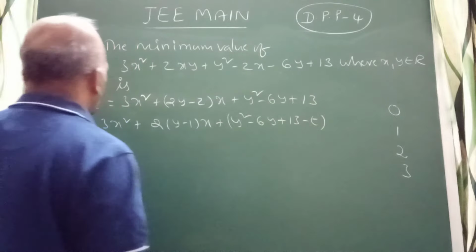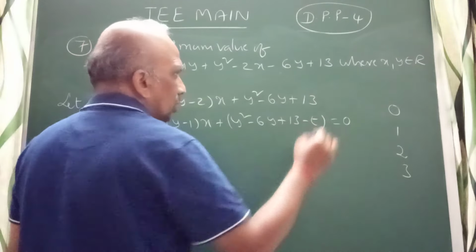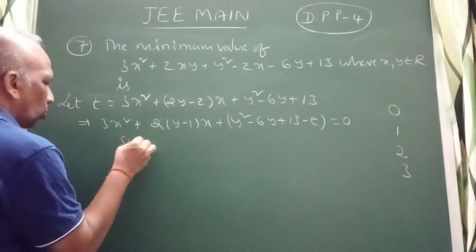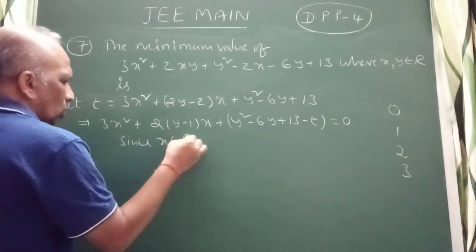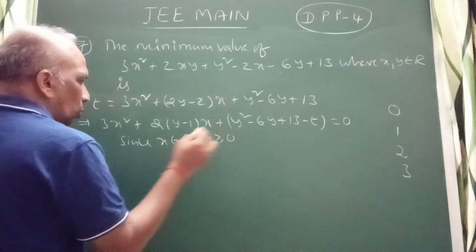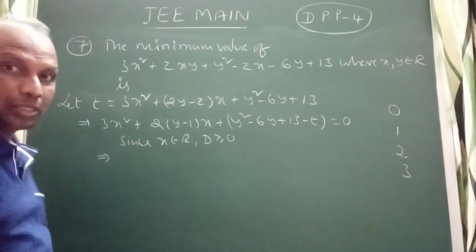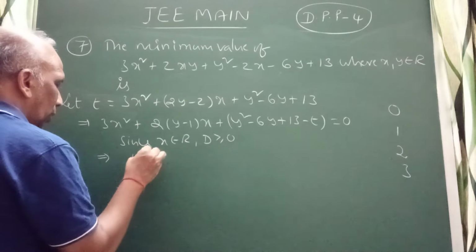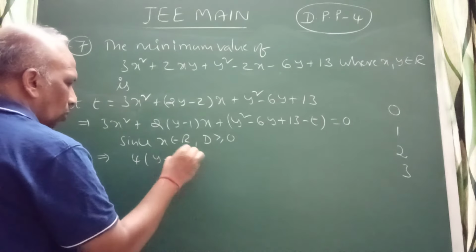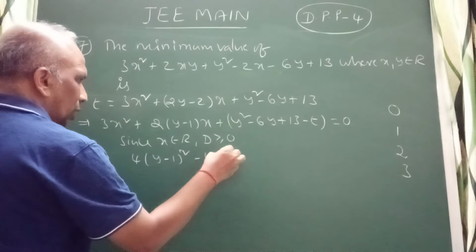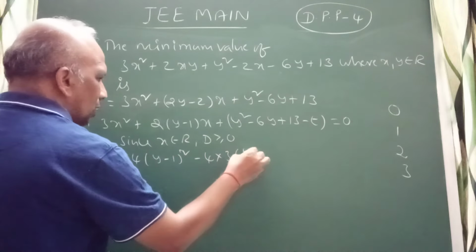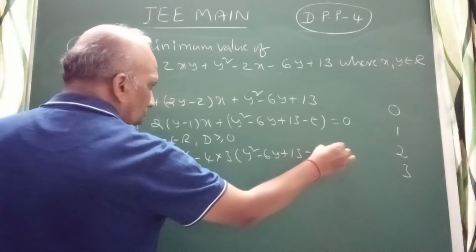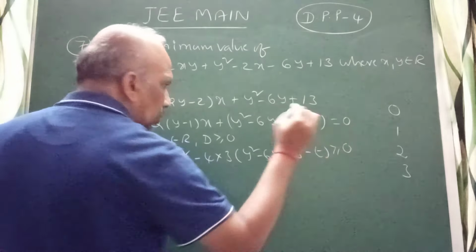We have this quadratic equation equal to 0. Since x belongs to R, we know that the discriminant is greater than or equal to 0, right? There are real roots, so the discriminant is greater than or equal to 0. We take the discriminant: 4(y − 1)² − 4 × 3 × (y² − 6y + 13 − t) greater than or equal to 0.